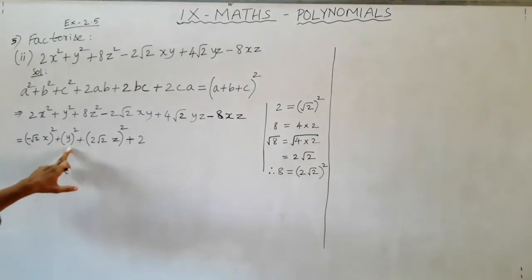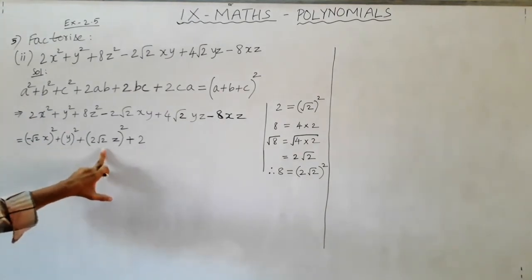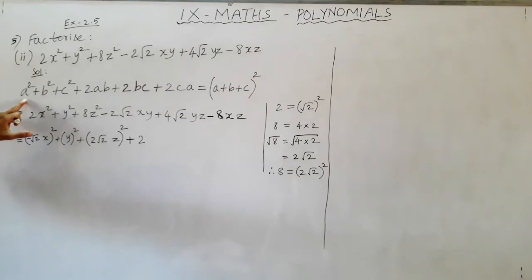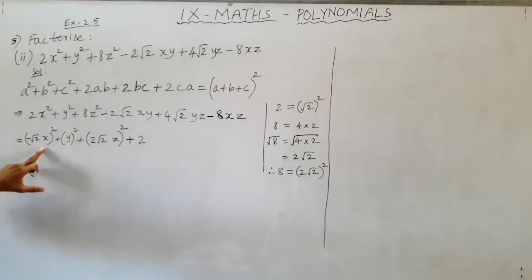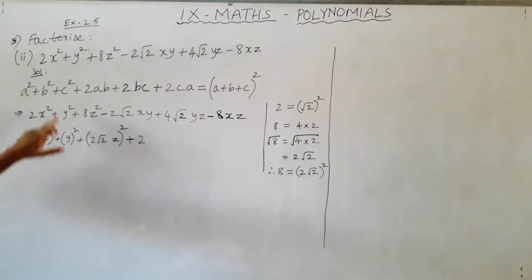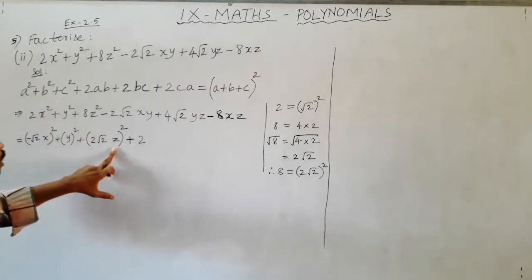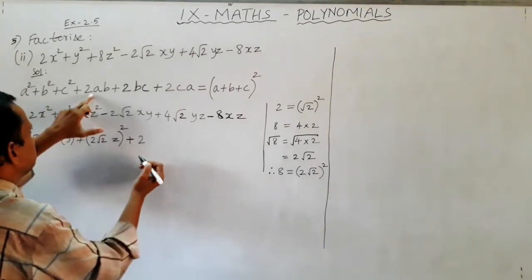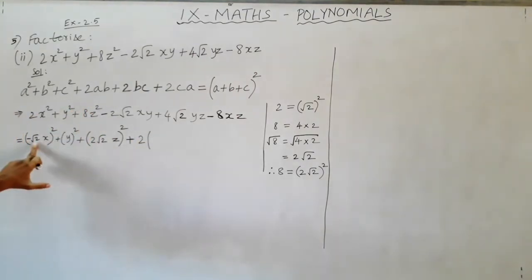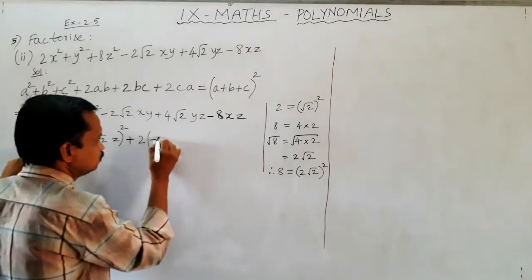Now this is a, this is b, this is c. Clear? What is inside the bracket? This is a square. So for a, minus root 2x, remember. And for b, y. And for c, 2 root 2 z. Clear, children? And now you just apply 2ab. What is a? Minus root 2x. That's all.